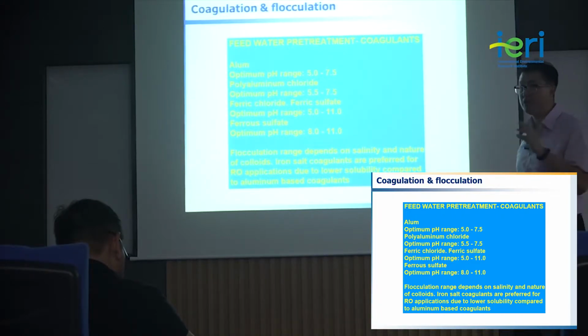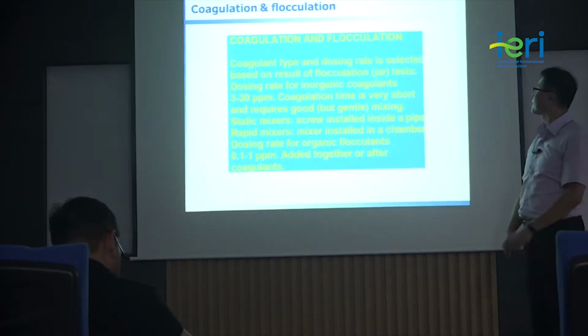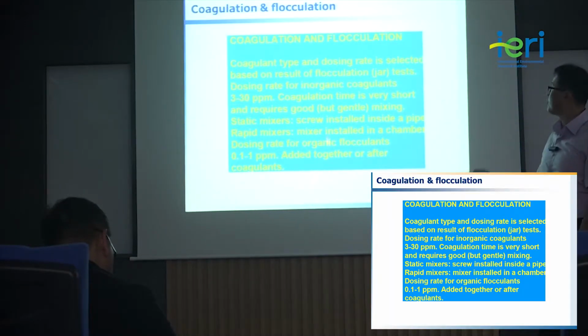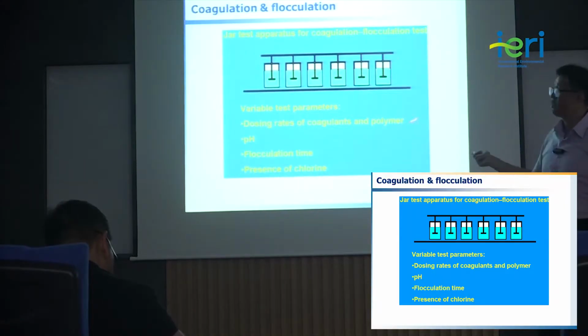You put in the coagulant to make bigger floc of the particles for better filtration or better sedimentation. The coagulant dosing rate is selected based on the result of a jar test, which can be shown like this figure.